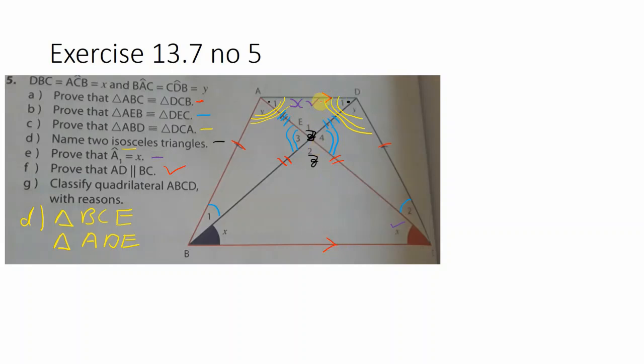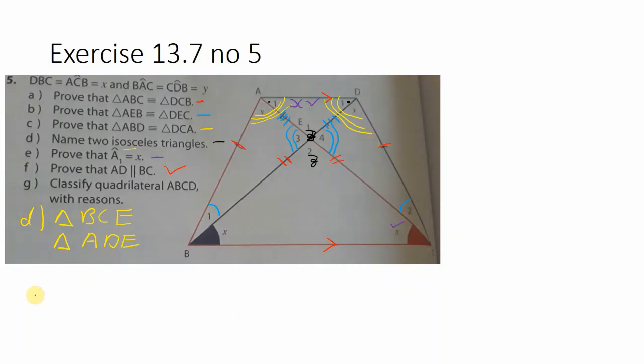So we know a quadrilateral with the property that only one pair of sides are parallel is a trapezium. Furthermore, this is a special trapezium in the sense that the other pair of sides are in fact equal. So it is an isosceles trapezium.